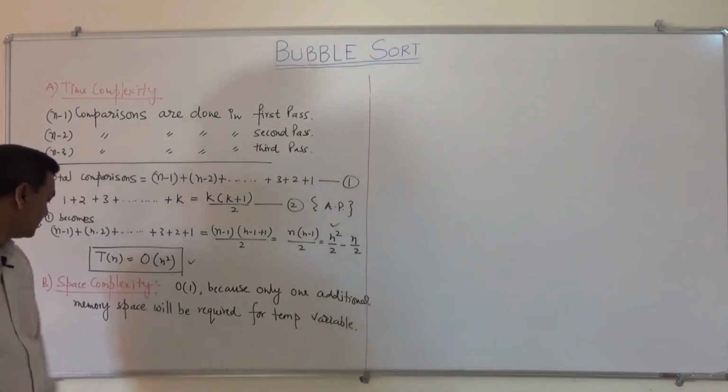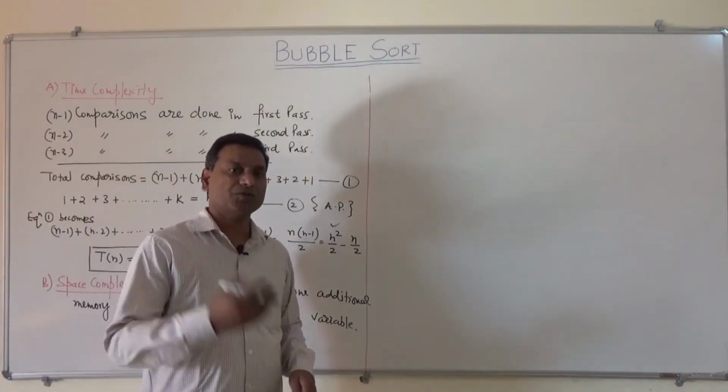So this is the space complexity of the bubble sort algorithm.